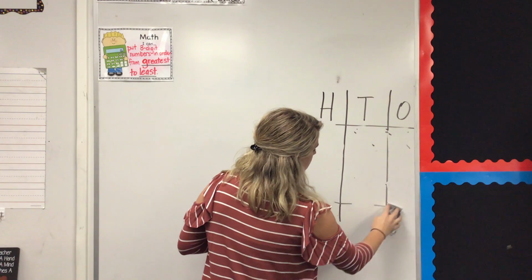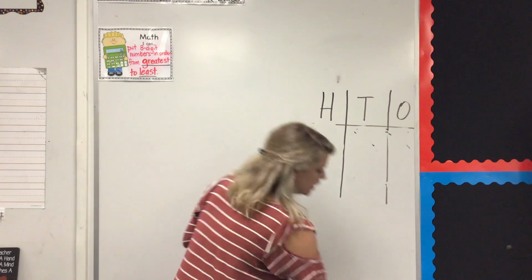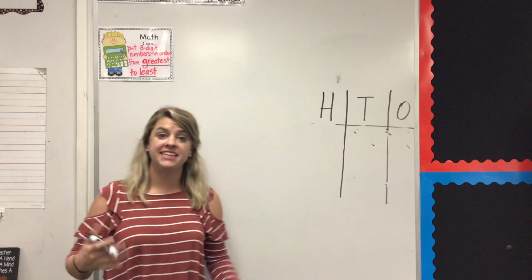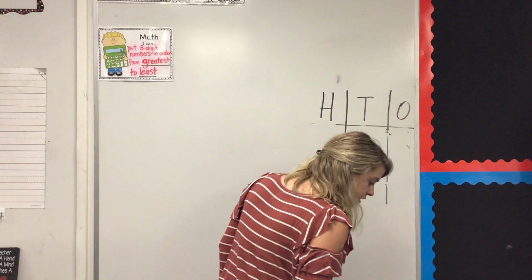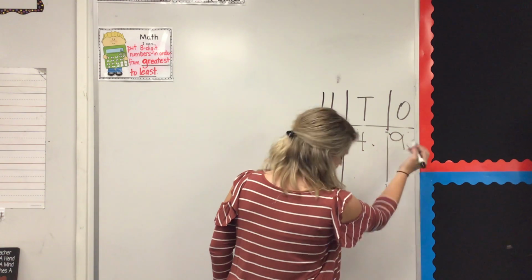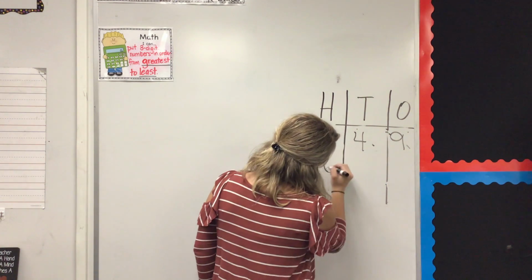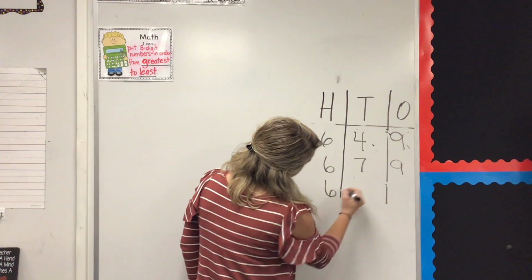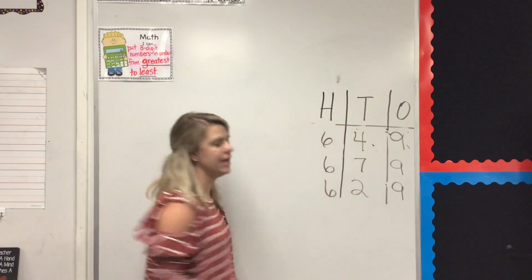Okay? Now, remember from yesterday when we were doing our lesson, we know that sometimes those numbers are going to be the same in the hundreds place. So let's look at this one. 649, 679, and 629. Okay?